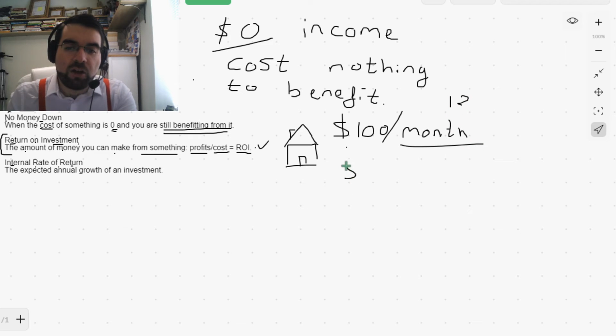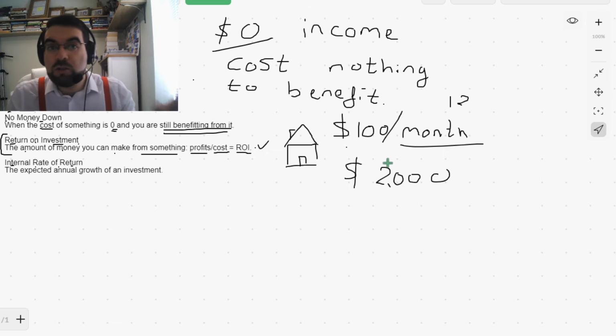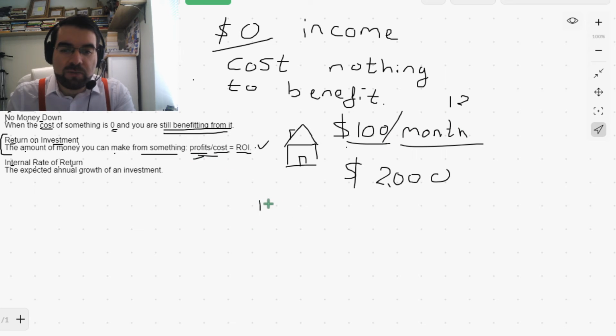And let's say it cost 2,000 or so to buy. Let's just use those numbers. So we'll take the profits, 100 multiplied by 12, in brackets, divided by the cost, 2,000.